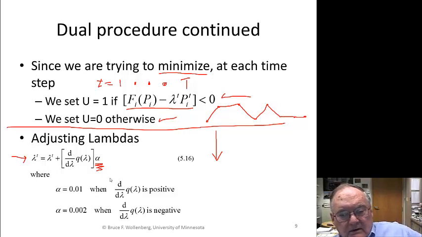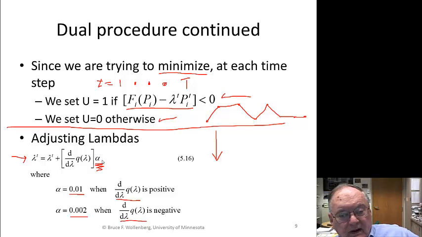And what I'm going to do is say, if this derivative is positive, meaning that the Q is going to increase as lambda increases, then I'm going to let it go up. But once this becomes negative, then I will reduce it, but I will dampen it.